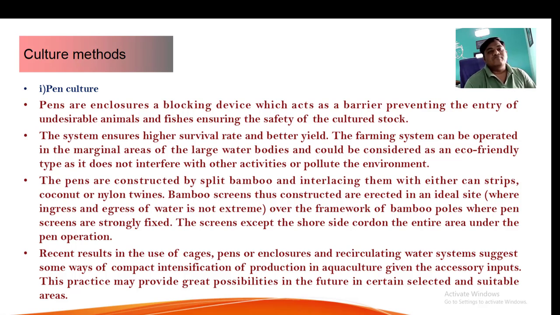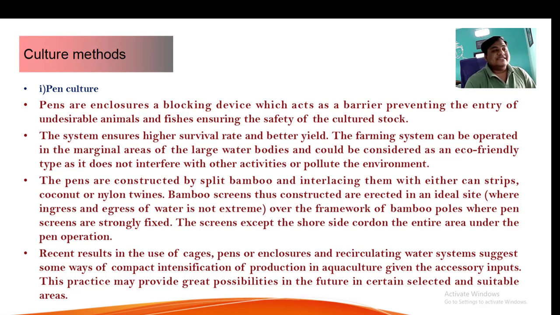And over the framework of bamboo poles, the pen screens are strongly fixed, and the screens, except on the shore side, cordon the entire area under the pen operation. Okay, and when we search the literature, recent results in the use of pens or enclosures and recirculating water systems suggest some ways of compact intensification of production in aquaculture given the accessory inputs.